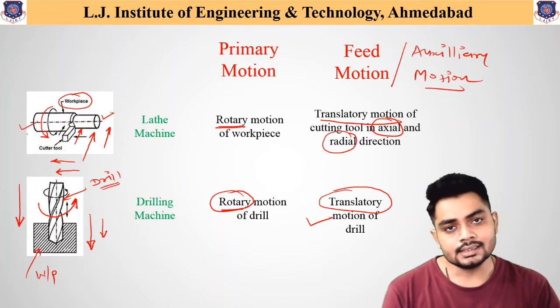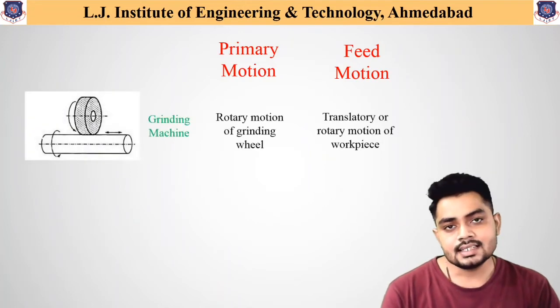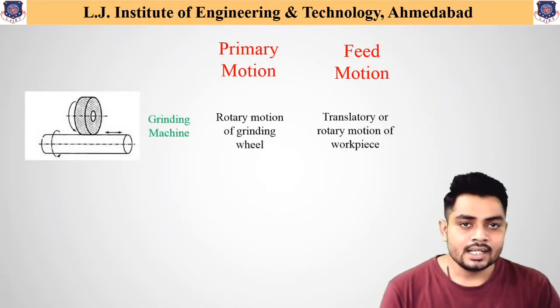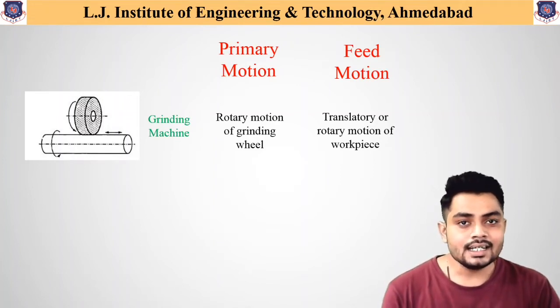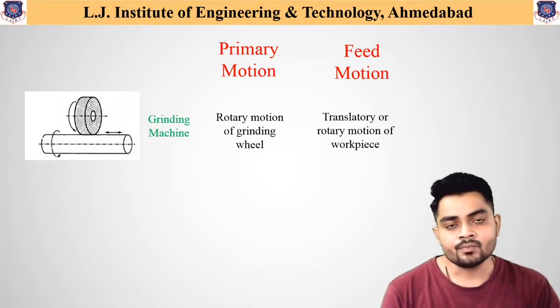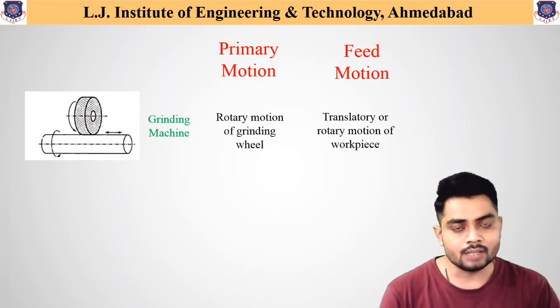Now the next one, the third one, is the grinding machine. You have seen the grinding machines available in normal workshops, and you have also seen that in a grinding machine the grinding wheel rotates at a higher RPM, and whatever component we need to finish or machine, we feed towards the wheel.